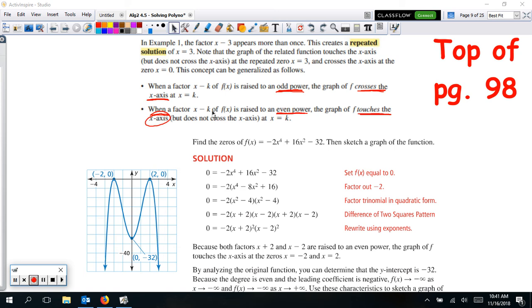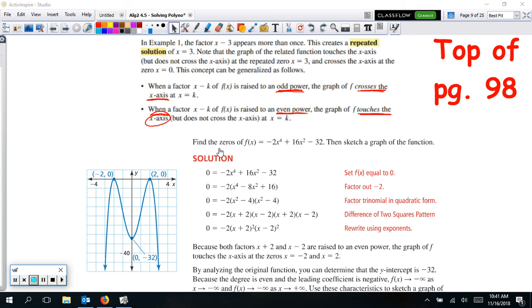And we can start with this one since we're talking about even powers. It says when that factor is raised to an even power, then the graph touches the x-axis, but it doesn't cross the x-axis at that number. So at that number, like -2, whatever that x-intercept is for that factor.